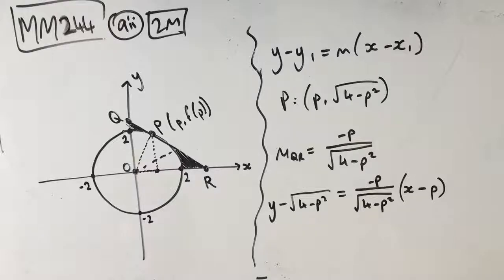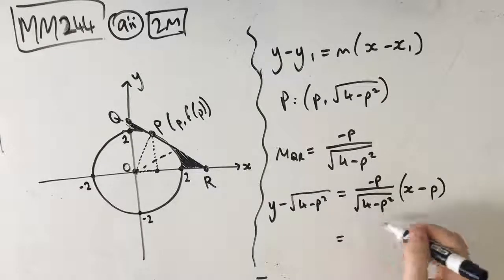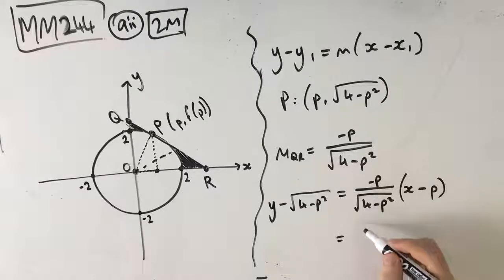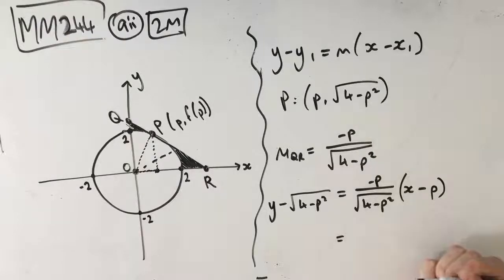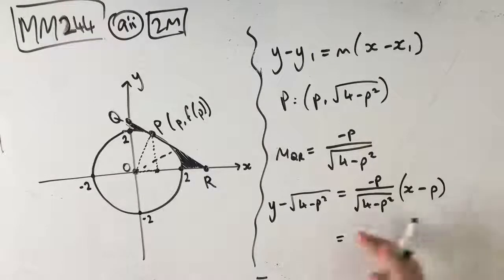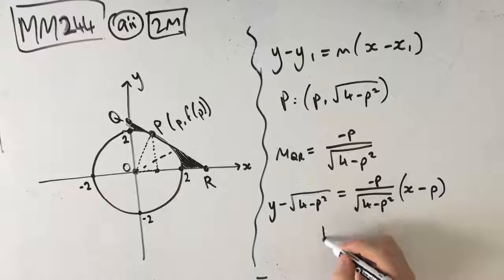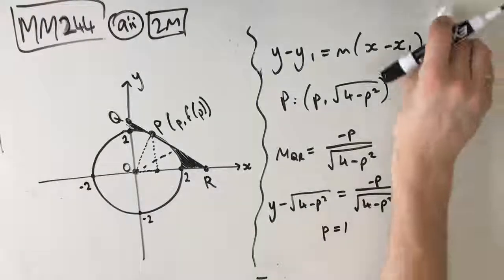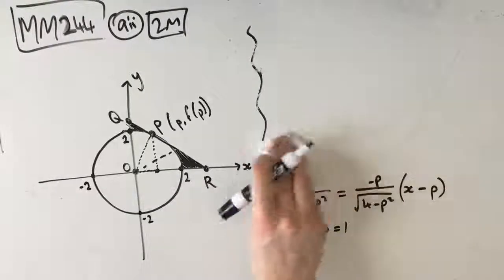Awesome. Sweet. So from here, we know that we can expand all of this out. Actually, you know what, let's sub in our p equals 1. The question tells us that we have to sub in p equals 1. So what we're going to do is take this equation and sub that in.